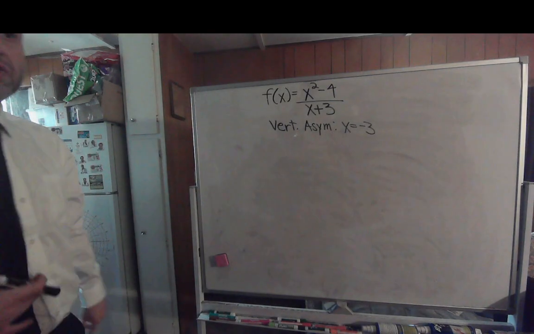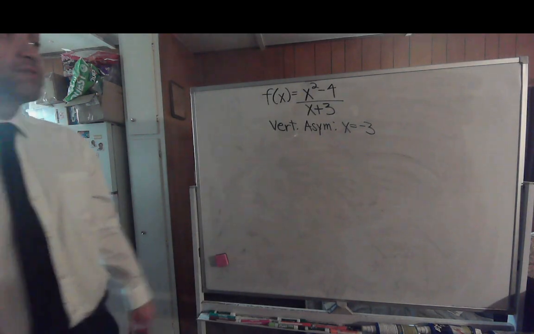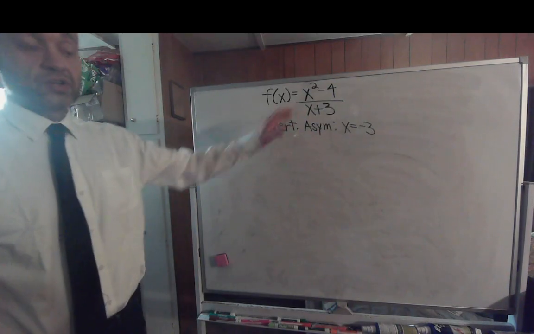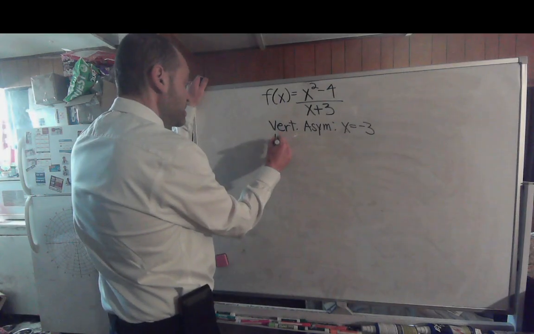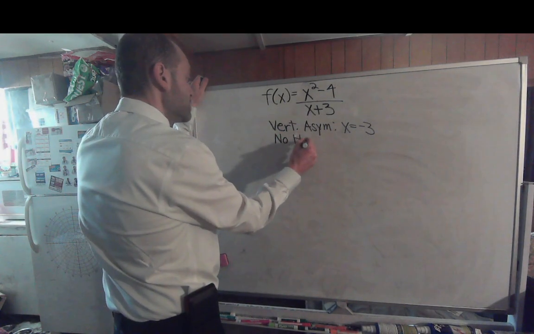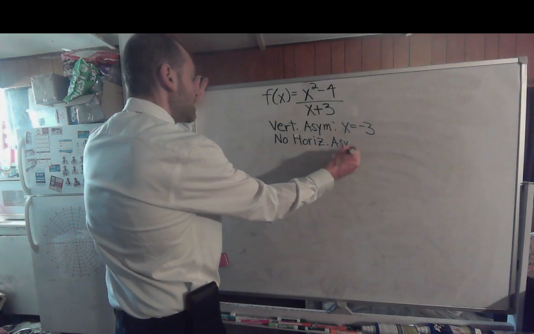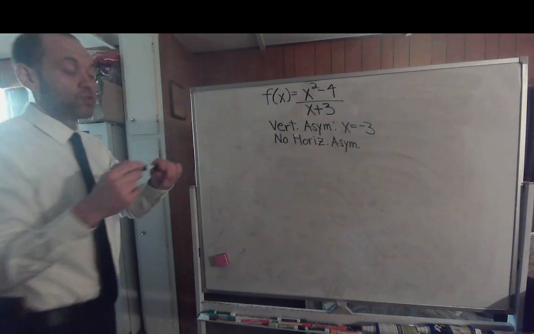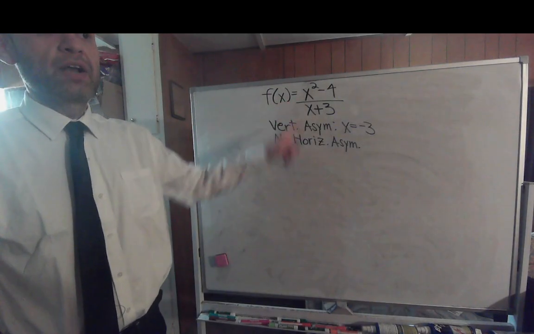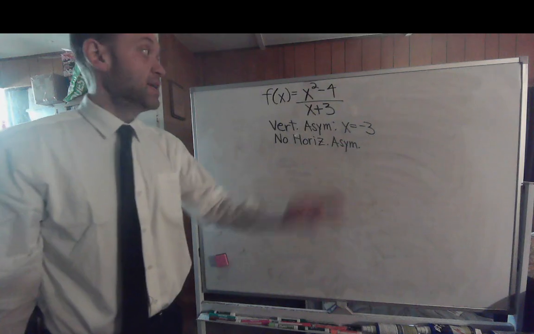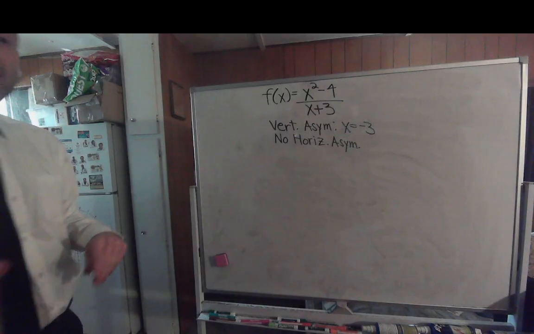Now, what do we do for horizontal asymptotes? When the degree of the numerator is greater than the degree of the denominator, there are no horizontal asymptotes. However, if the degree of the numerator is greater than the degree of the denominator by only 1 degree, as in this case, you have what's called a slant asymptote.